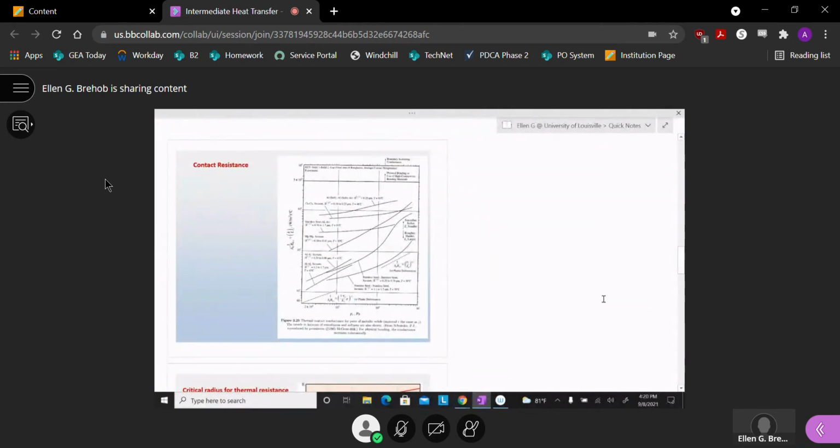This slide is to introduce this idea of contact resistance. If I was going to draw my big picture to show what contact resistance is, I have slabs of material.